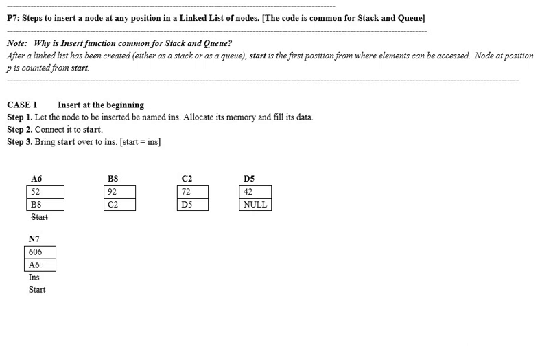Well, look at the changes that I made. I brought A6 to ins next and I changed start. So start lost its previous value and came over to wherever ins is. Now when I want to display from start, will I not get 606 at position number 1? So this is the code of insert in the beginning.